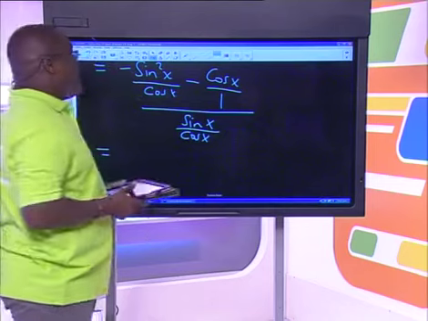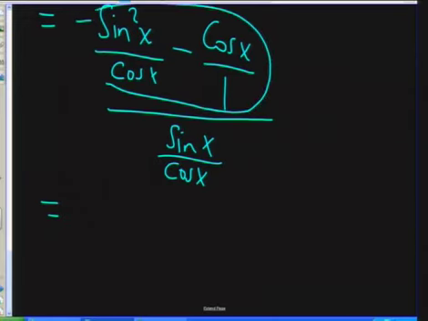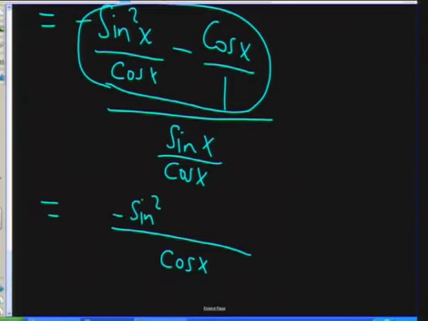Now, the next step is for us to express the numerator as one fraction. So we're going to subtract the two. Our common denominator in this case is cos x. So I'll write that down, cos x. And my numerator, if you do the cross multiplication, is going to be minus sine squared x, minus cos squared x.